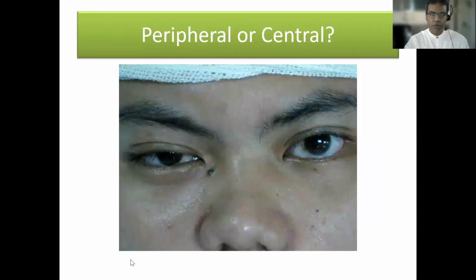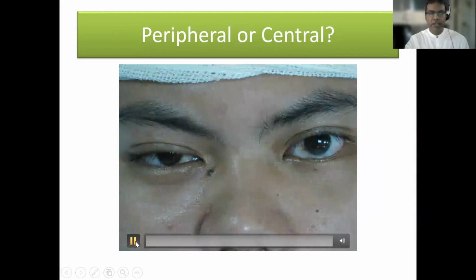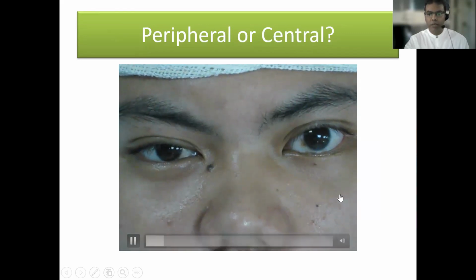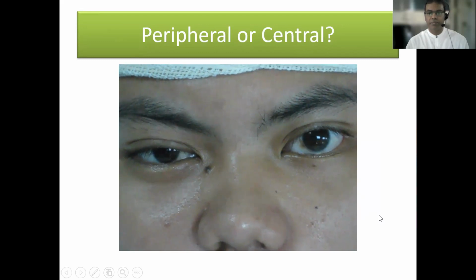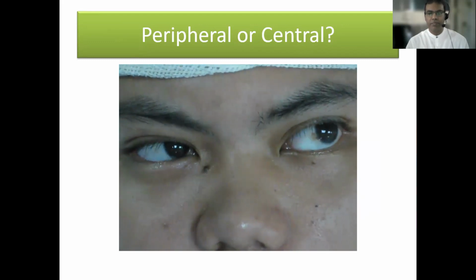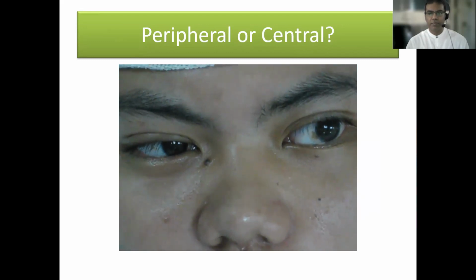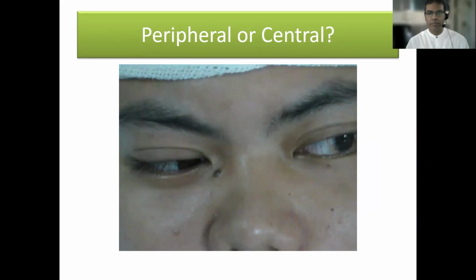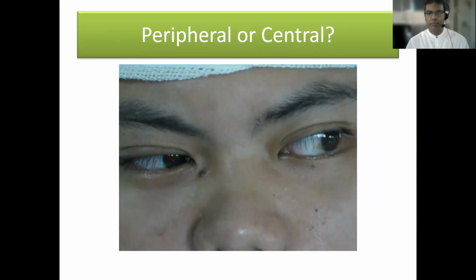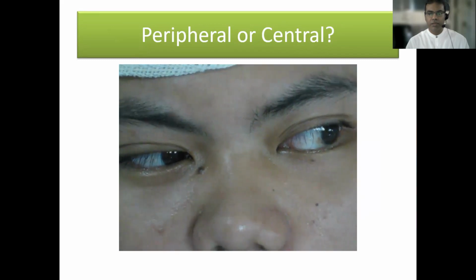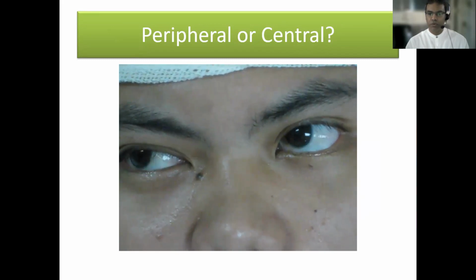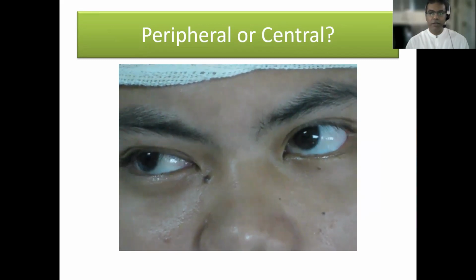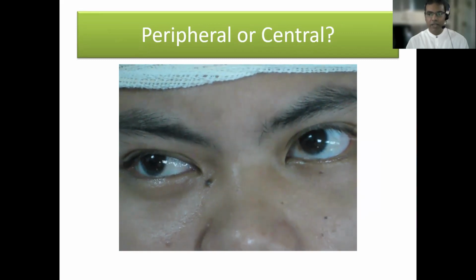Okay, this is another video which I'm going to show you. Looking at this, what can you tell me about this patient? See, when the patient looks to the left, there's no nystagmus. When he looks to the right, there is a right beating nystagmus.